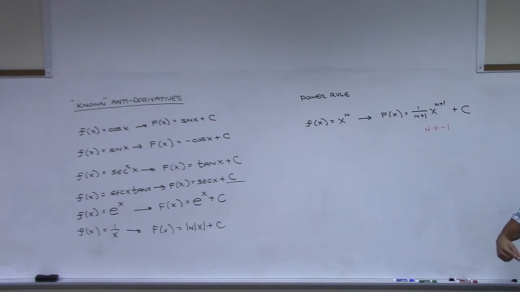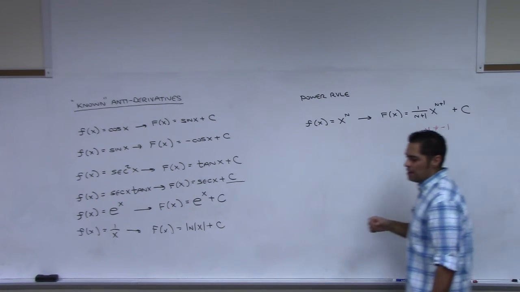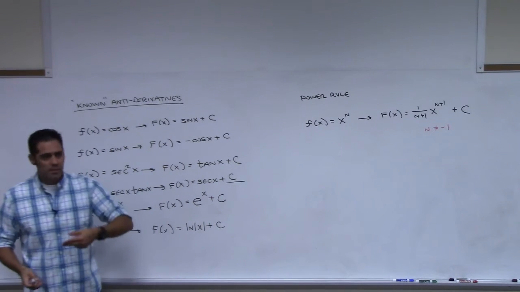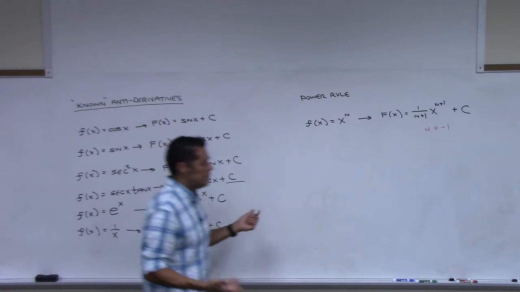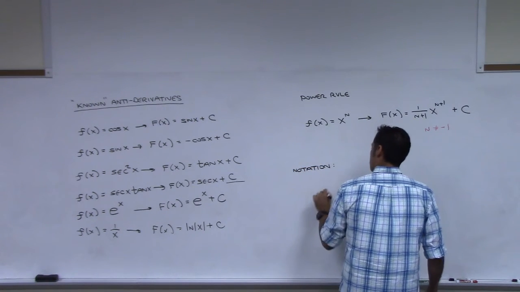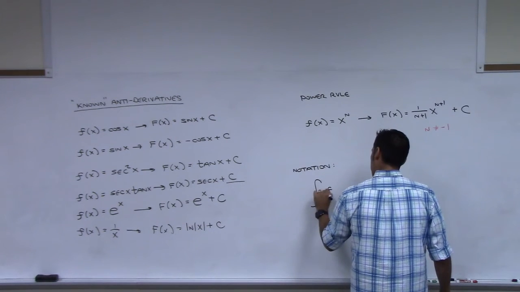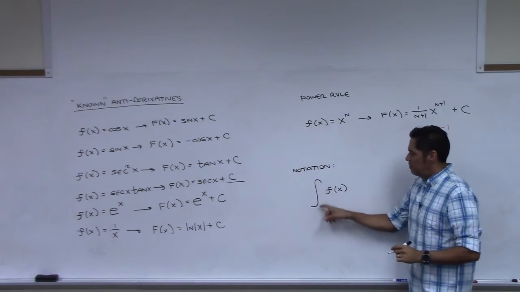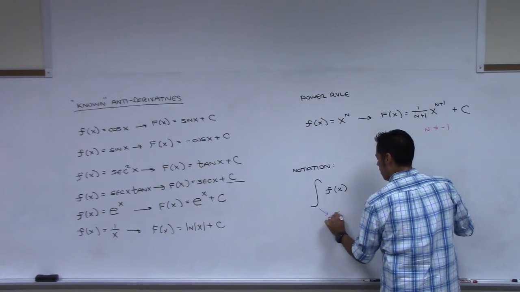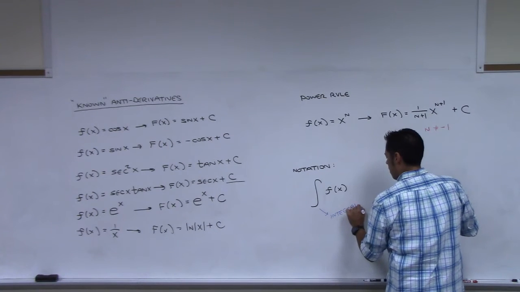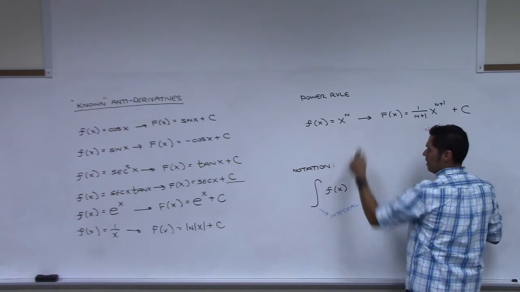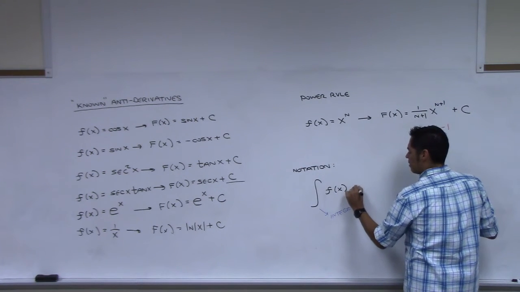And then the last thing from last class is instead of sitting there and having to tell you over and over, find the antiderivative of this, find the antiderivative of this, we have notation that we use. And the notation is that if you write this symbol, which is known as the integral, then you put the small f in here, and then you put this little dx.